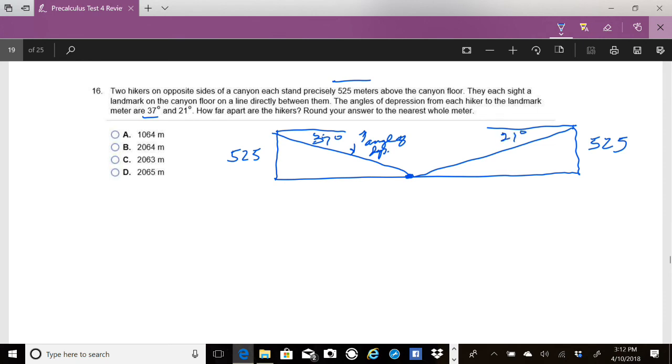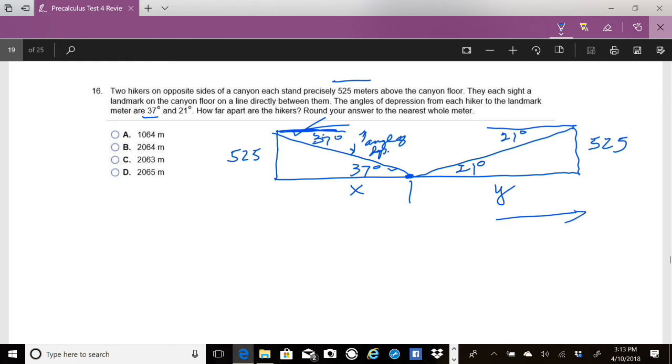How far apart are the hikers? Well, looking at the geometry here, this angle and this angle would be the same because these are parallel lines. So this angle here would be 21 degrees. And we want to find out how far away the hikers are.